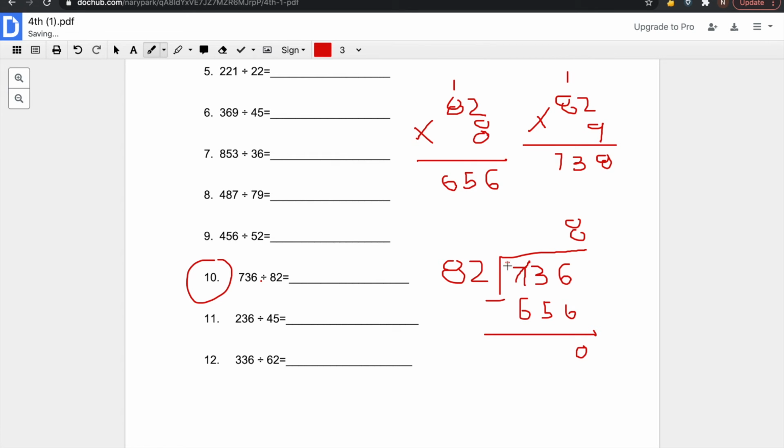Cross out, borrow from the 7, and turn the 3 into 13. 13 minus 5 is 8. So our remainder is going to be 80. So our answer is going to be 8 with a remainder of 80. Okay, great. That doesn't look like an 80, but that is an 80.